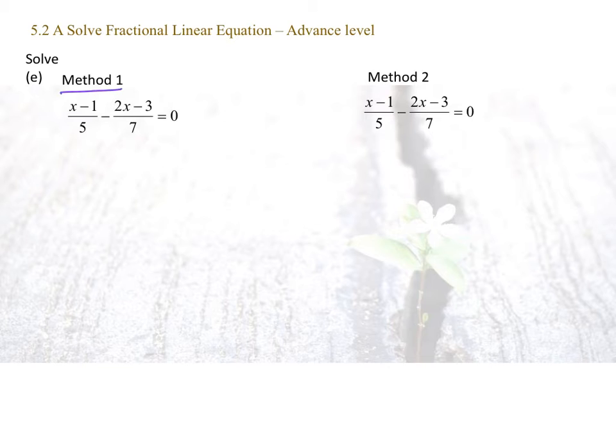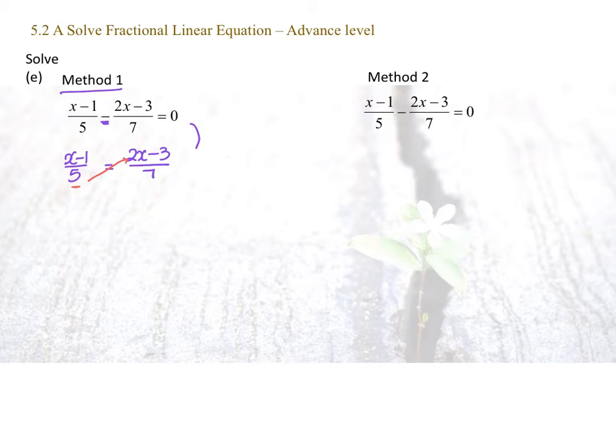Try the following questions. Method 1, we are going to shift the fraction over to the other side. So this is a subtraction of the fraction. When we shift over, it will become an addition. Now we have single fractions on both sides of the equation, so we will be able to cross multiply and try to solve the equation.